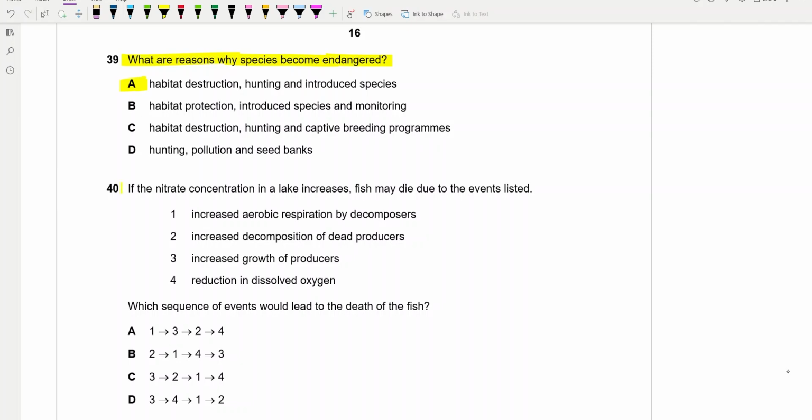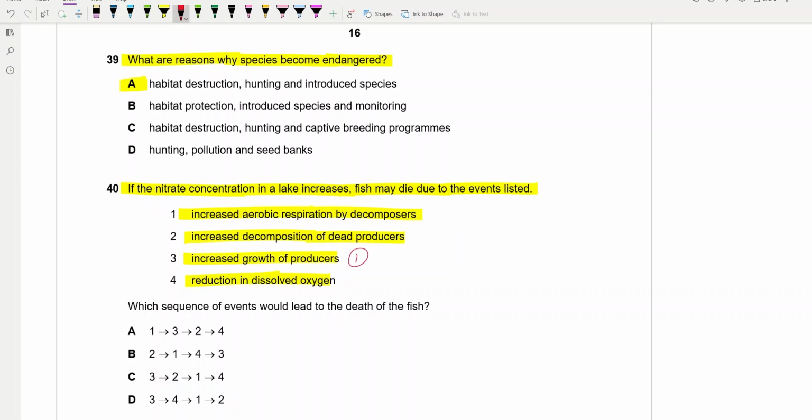Question number 40. If the nitrate concentration in a lake increases, fish may die due to the events listed: increased aerobic respiration by decomposers, increased decomposition of dead producers, increased growth of producers, reduction in dissolved oxygen. So we can order them. First one would be increased growth of producers.